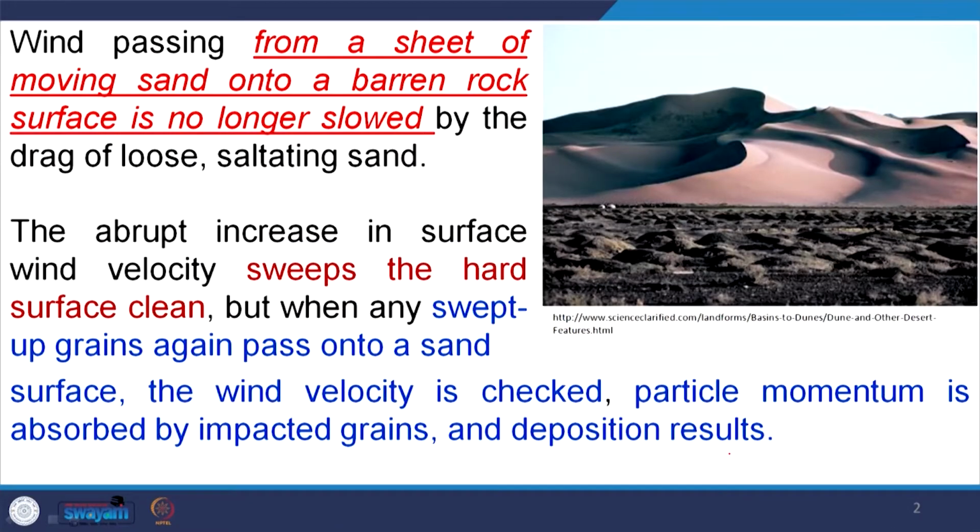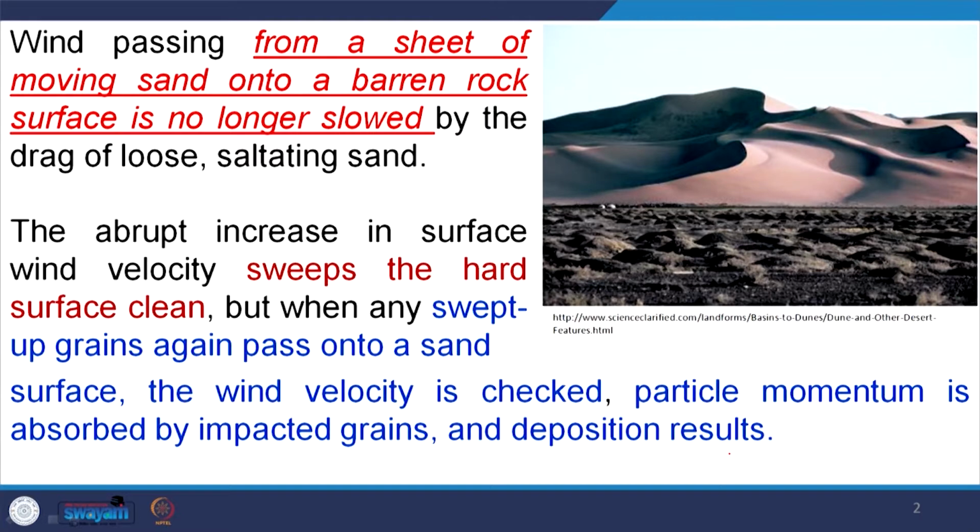Now let us discuss how the velocity change of wind over different types of materials reshapes the depositional features. Wind passing from a sheet of moving sand onto a barren rock surface is no longer slowed down by the drag of the loose saltating sand. However, if the wind is moving from a barren rock surface to sand, its velocity is absorbed by the sand grains.